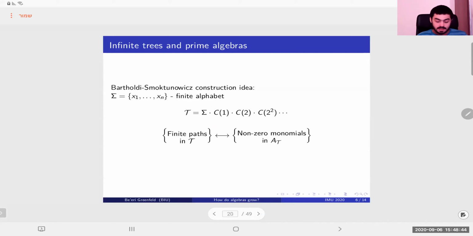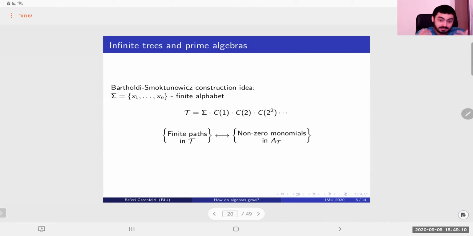And this way they construct uncountably many infinite words, out of which they're able to define a suitable monomial algebra. And the point is that finite paths in this generalized tree correspond to non-zero monomials in this algebra.